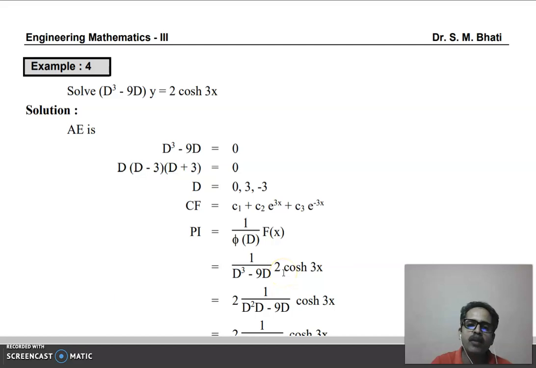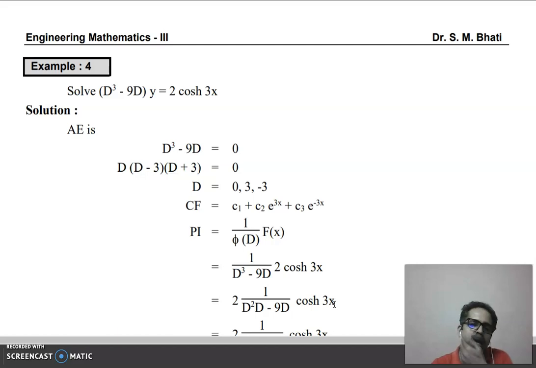Now apply the linear property. Being a constant, take 2 outside the operator, and this operator now acts on cosh 3x.